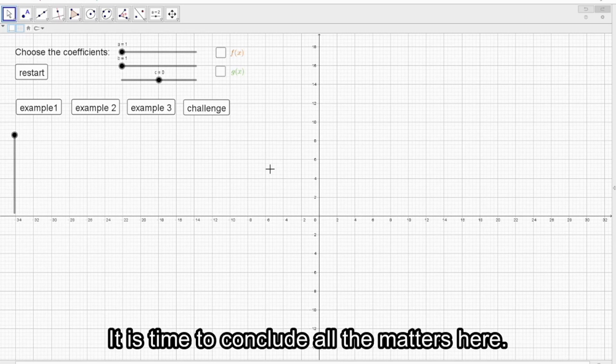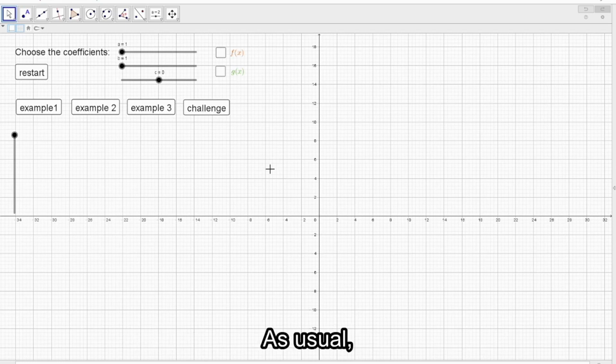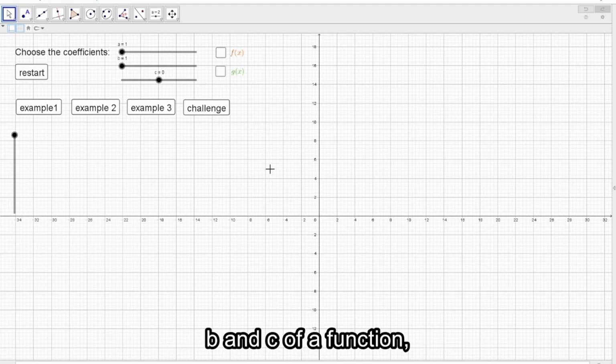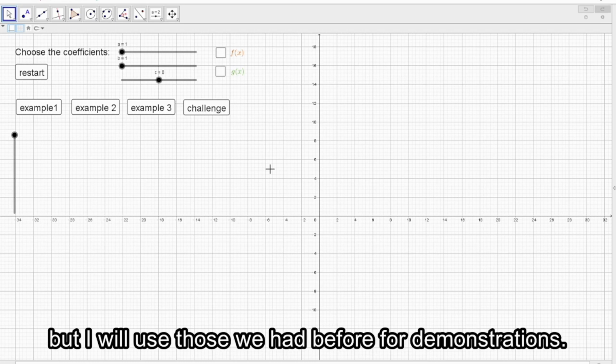It is time to conclude all the methods here. As usual, you may change the values of a, b, and c of a function, but I will use those we had for demonstration.